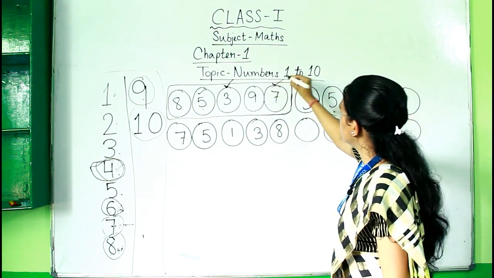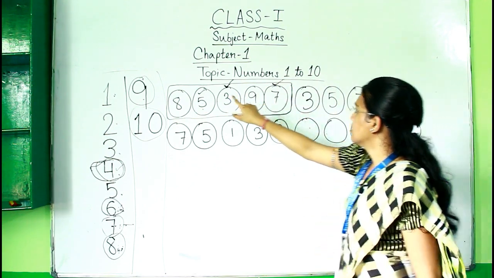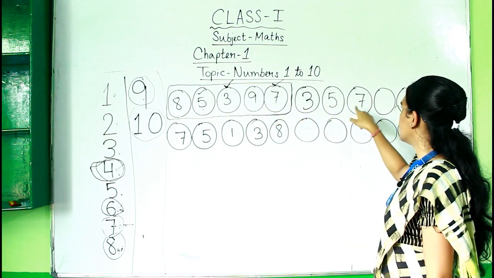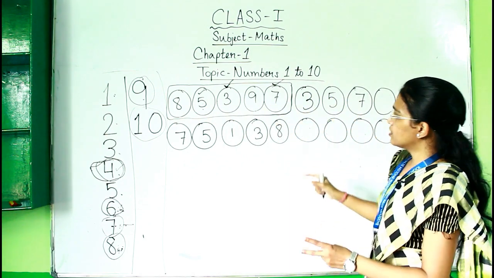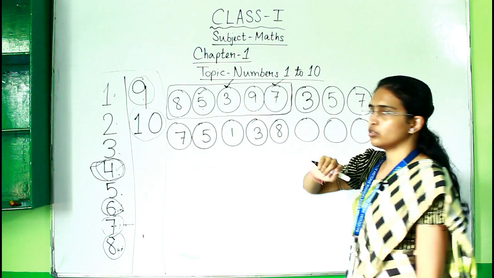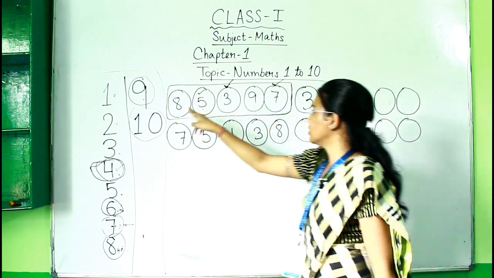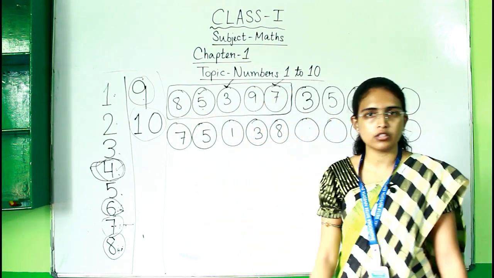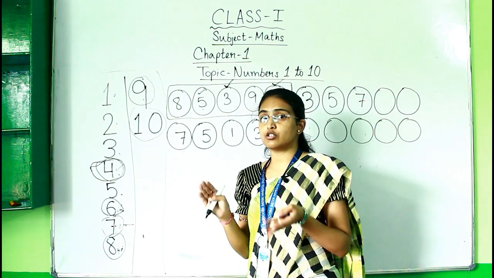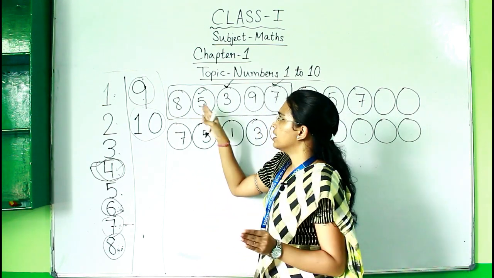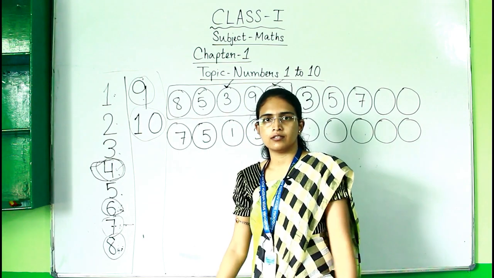Now we have already done these 3 numbers: 3, 5, 7. Then how many numbers are left? 1 and 2, 2 numbers. Now among these 2 numbers we have to find out the smallest number. 8 or 9?